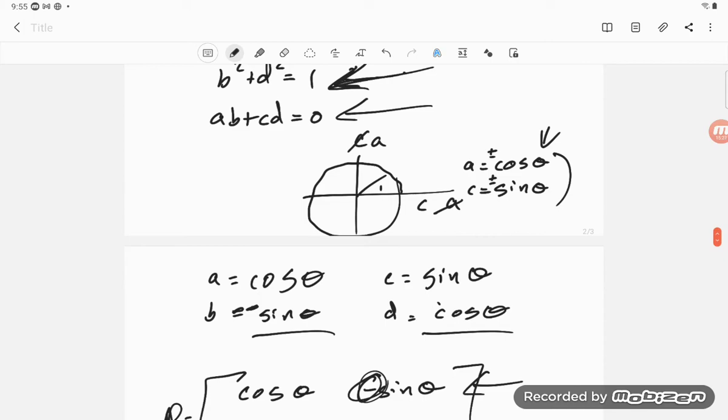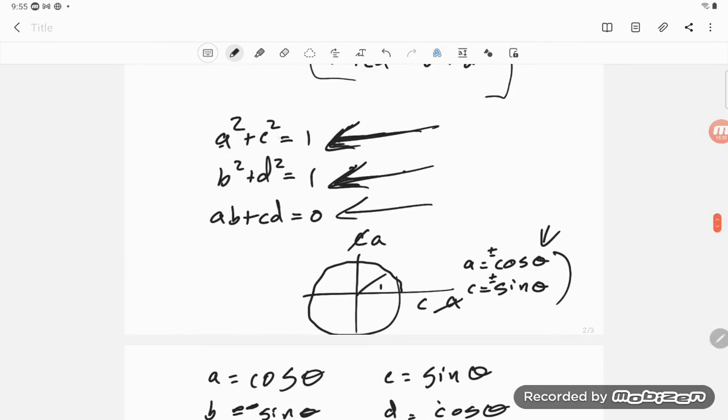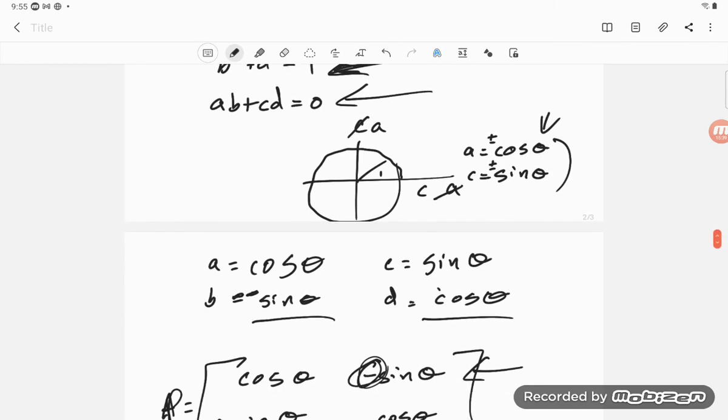Now, I don't have to say it's cosine and sine of theta. I could just give them as numbers with a squared plus c squared has to be 1 and so forth. But in line with the theorem, this is the way we'll do it, that parameterization. So they do need to be cosines and sines, so we have that part.